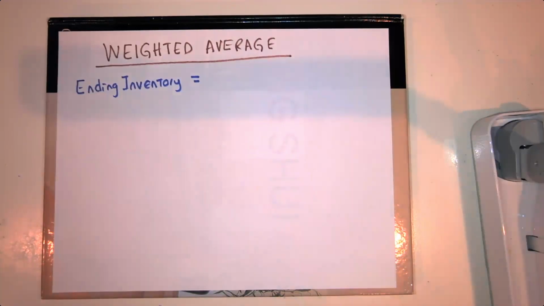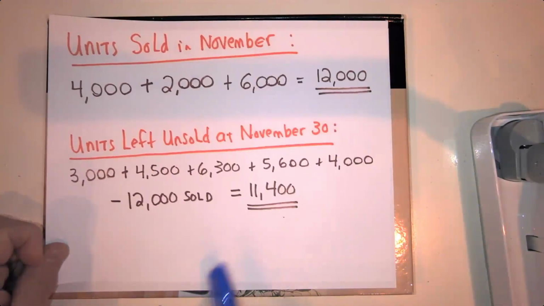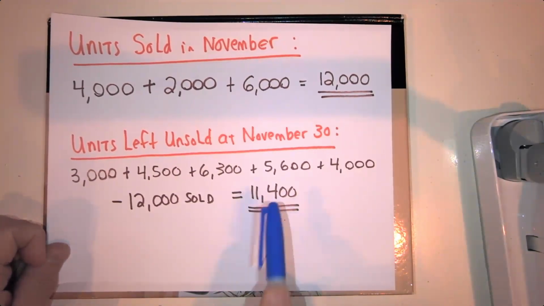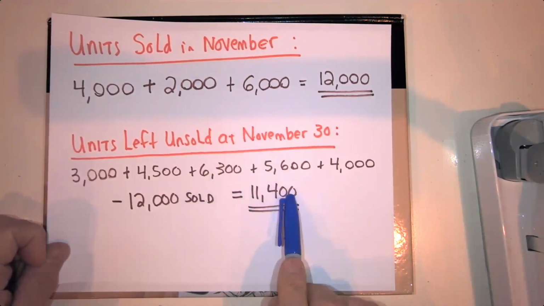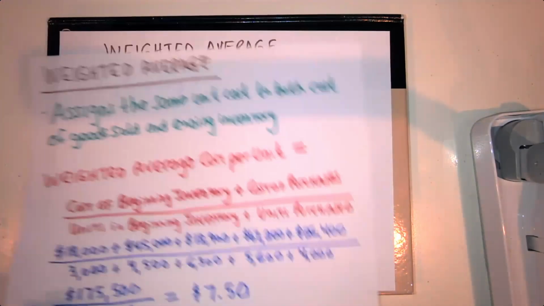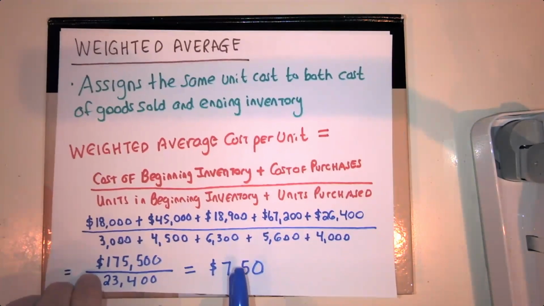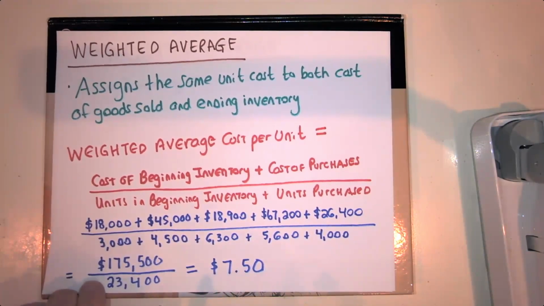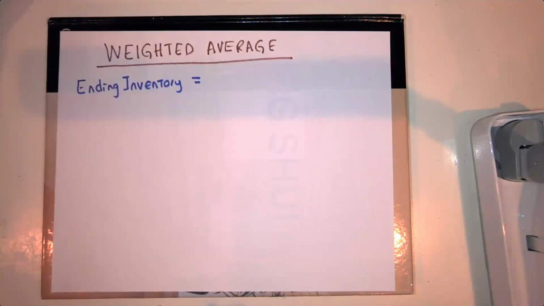We know that our ending inventory consists of 11,400 units that we did not sell. Under weighted average, we are assigning each of those units a cost of $7.50.